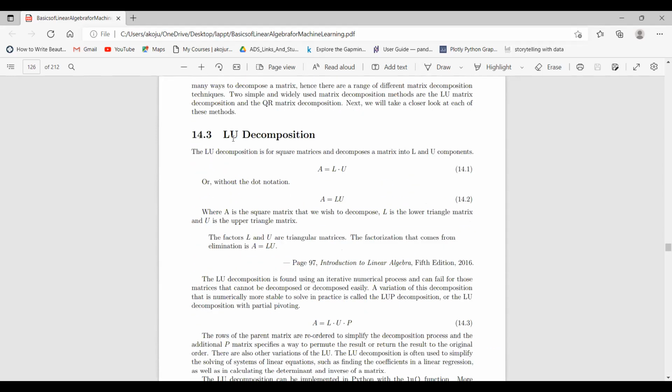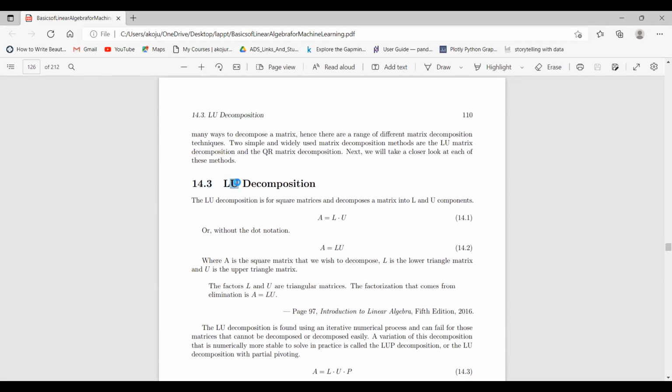L means nothing but a lower triangular matrix, and U means upper triangular matrix. How are we going to find this lower triangular matrix and upper triangular matrix? We have seen that for finding A inverse, we performed some row or column operations.